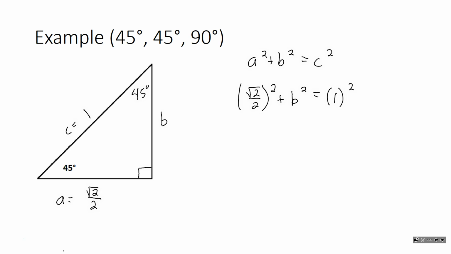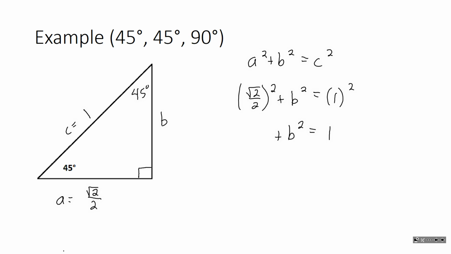Now let's do the arithmetic. When I square that fraction, the square root of 2 times the square root of 2 is just 2. For the denominator, 2 times 2 is 4. 1 squared is just 1. Now, by the way, might as well go and reduce that 2 fourths. 2 fourths could certainly just be reduced to 1/2.